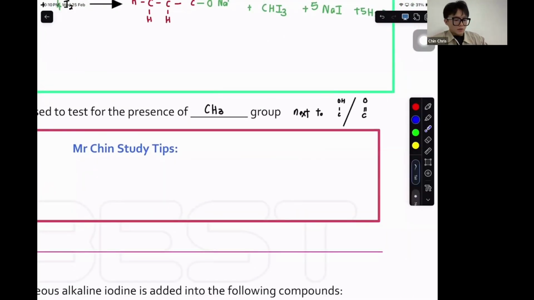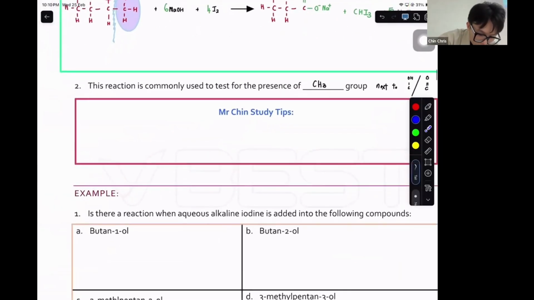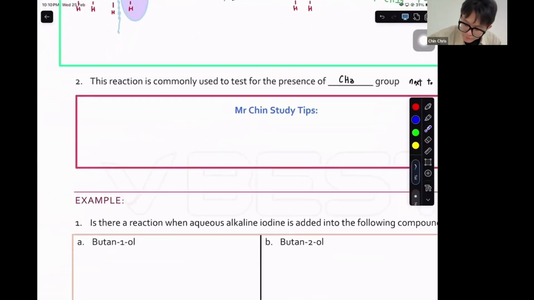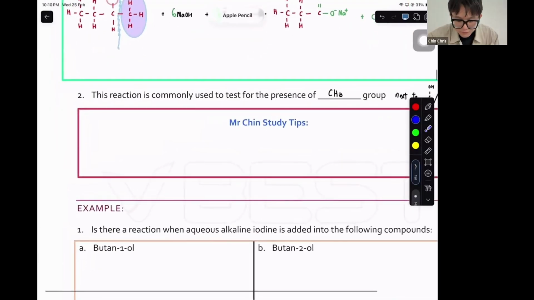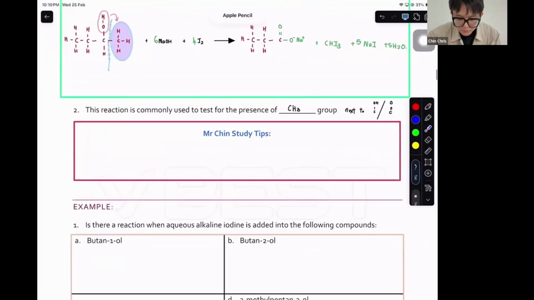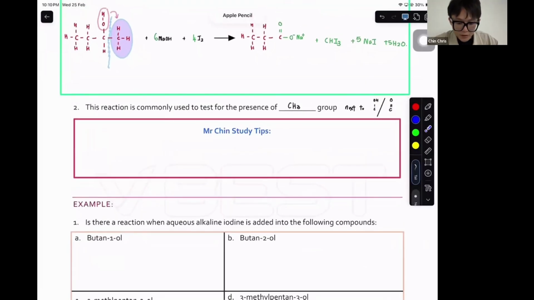Alright guys, now, again, my study tip. For this reaction, we use this to test for the presence of, where do I put the pencil? Oh, the Apple Pencil cannot connect.